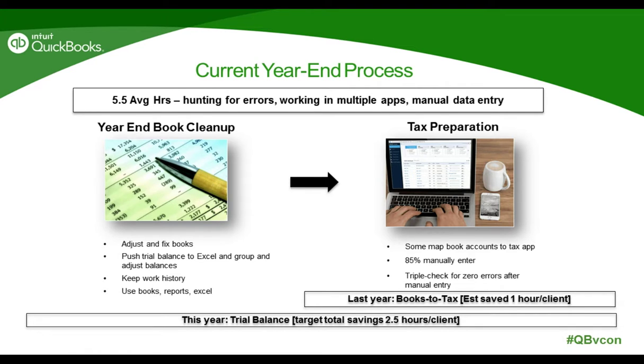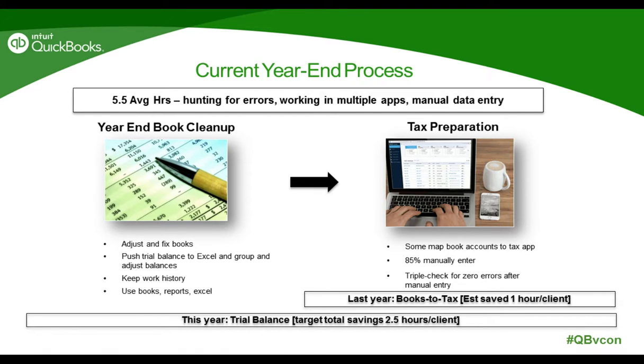And then when it comes to tax preparation, about 80% of tax preparers actually transcribe the data from the final trial balance into the tax software, which is probably the one that takes the most time. And then there is a specific process for checking and double checking that the net income matches, that all the assets match, that the balance sheet matches, that sort of thing.